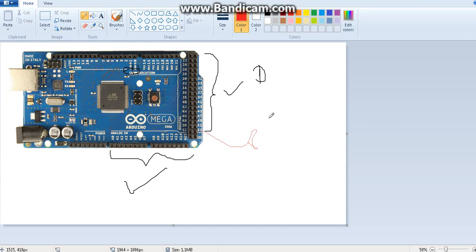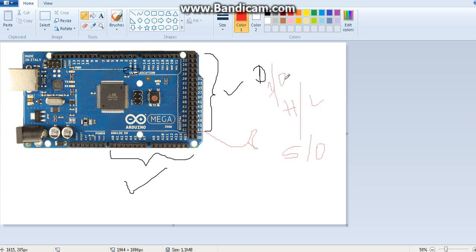So what can be a digital output? 1 or 0, right? These two can be digital outputs, high or low, or in other words, 5 voltage or 0 voltage. Digital input also can be the same, right?